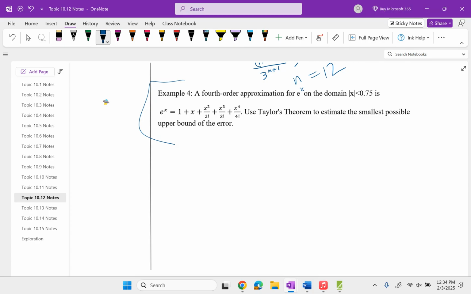Okay. All they want me to do is estimate the error, right? I think the tricky part on this one is the max value.